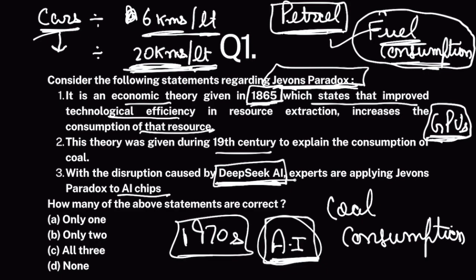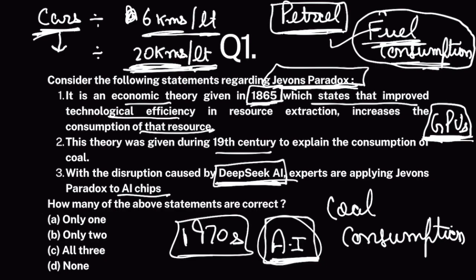So DeepSeek AI has beaten ChatGPT and OpenAI in efficient use of these GPUs. DeepSeek AI has produced a better AI model with very few GPUs, much like these cars. Now people say that this might reduce the demand for GPUs because now you need few GPUs to run better AI models.